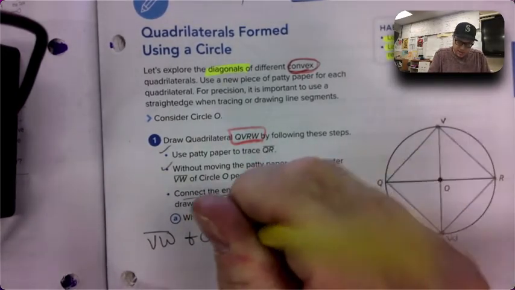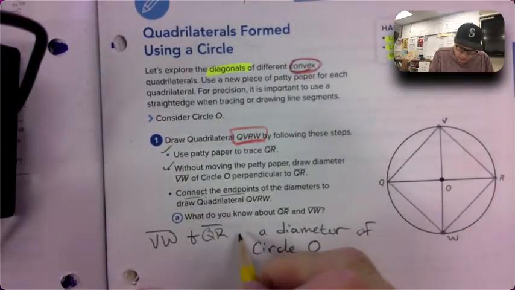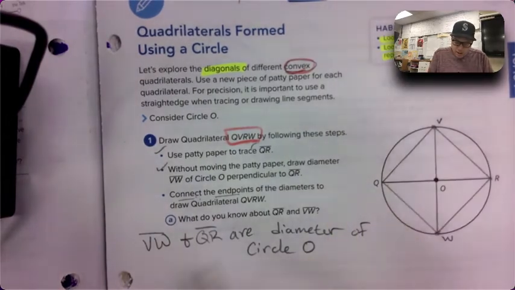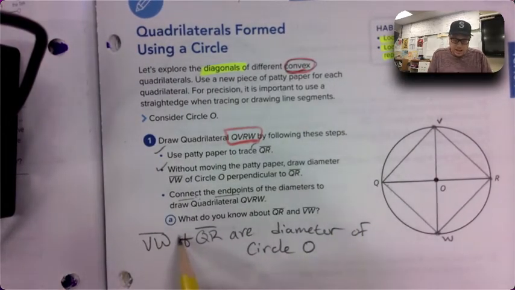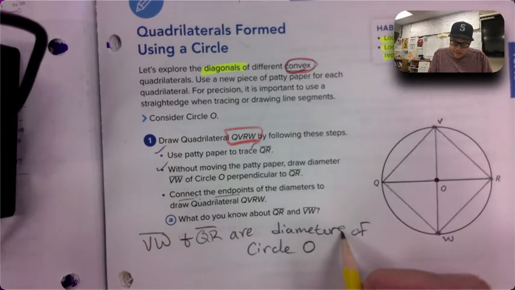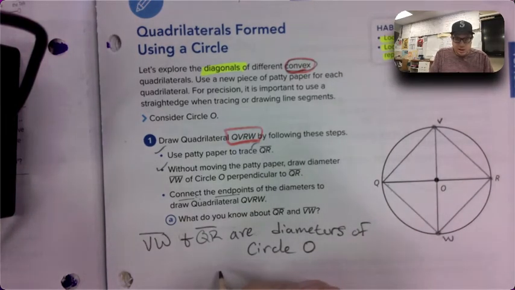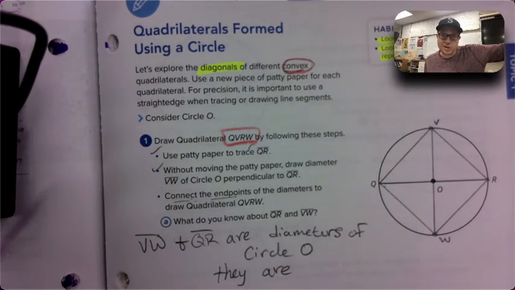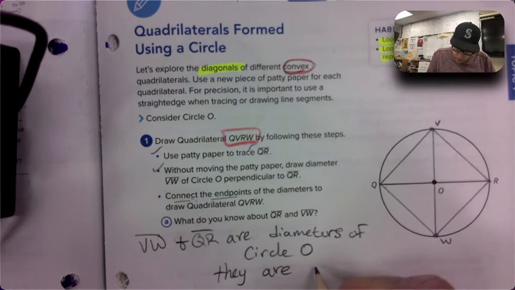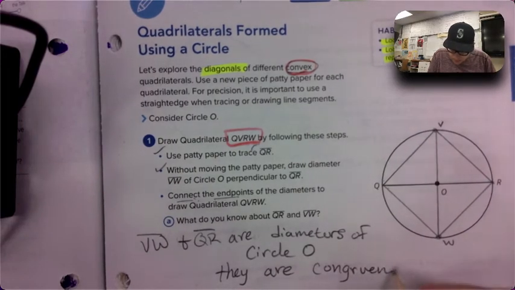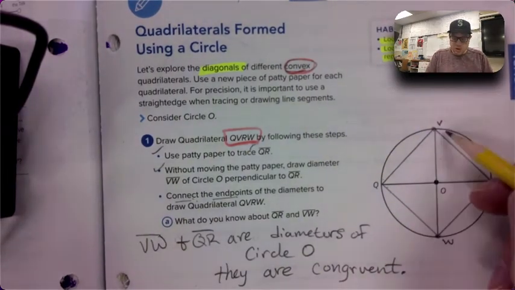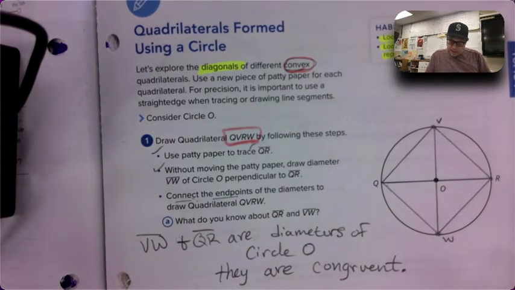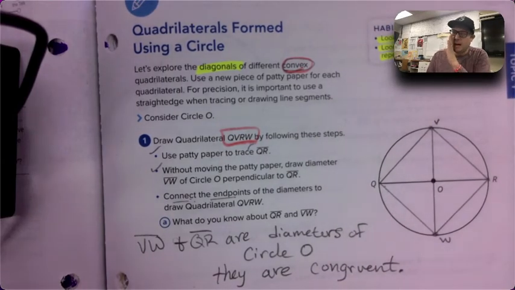I'm going to change that to the plural: VW and QR are diameters of circle O. That means they are, what's the geometry word you should say when you don't know what the answer should be? Congruent. Also, you notice that this is a shape of some kind. So we're eventually going to try to classify that shape, but it might be a square.